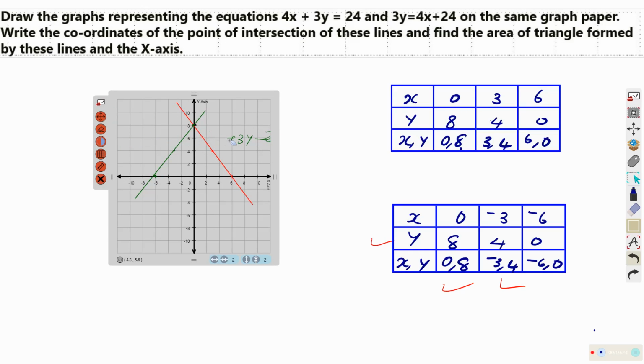I'll make it little small so that it can fit over there. 4x plus 3y is equal to 24, and the second one is 3y is equal to 4x plus 24. That is the second one.